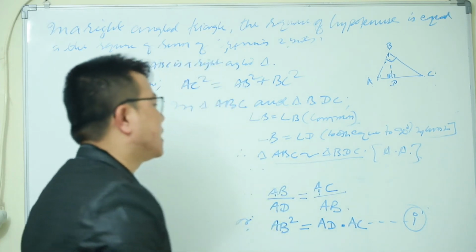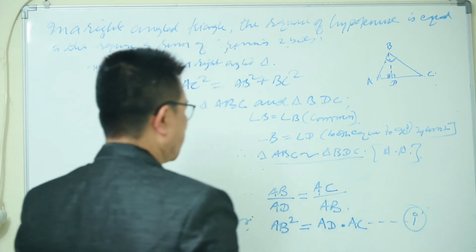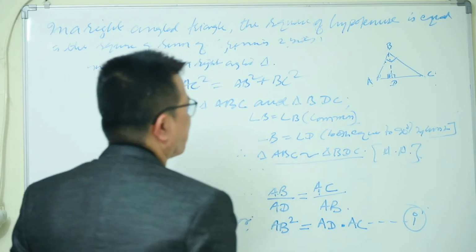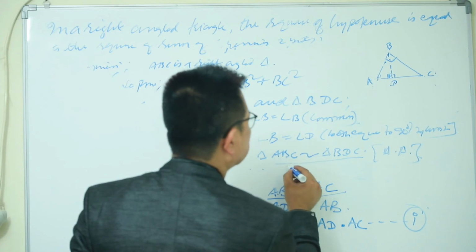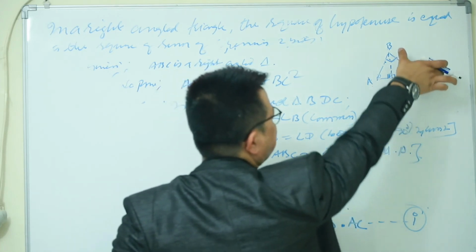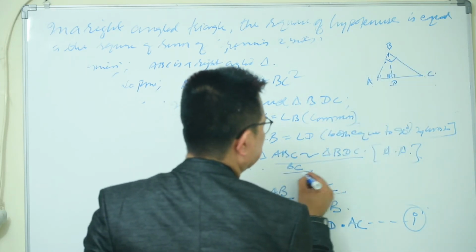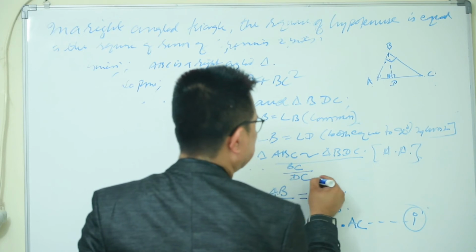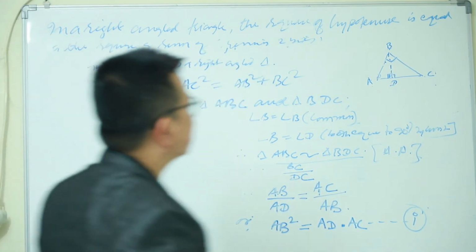So once the triangles are similar, the ratio of their corresponding sides are proportional. So how do you write it now? Suppose what is the corresponding side of BC? DC. The corresponding side of BC is DC. Is it clear?